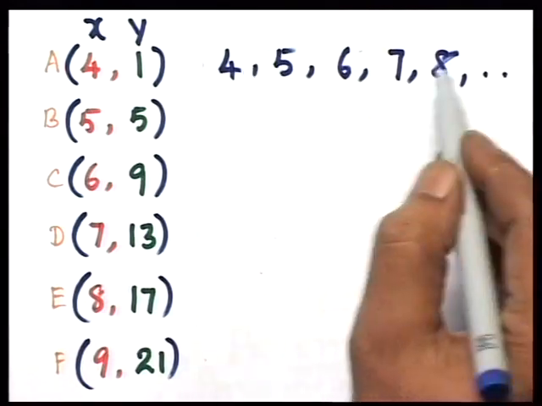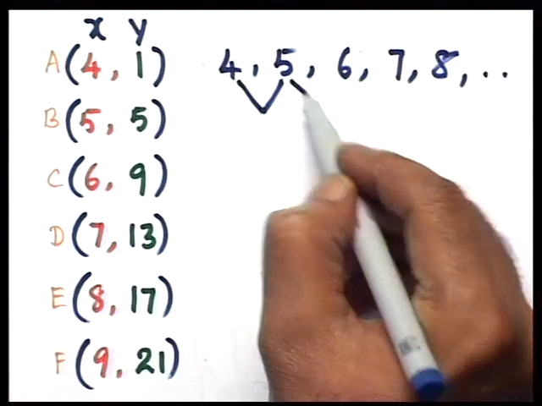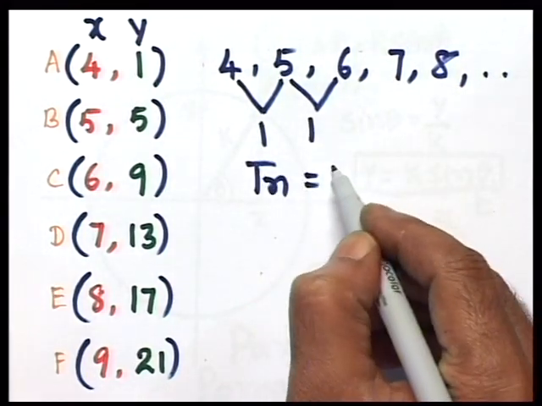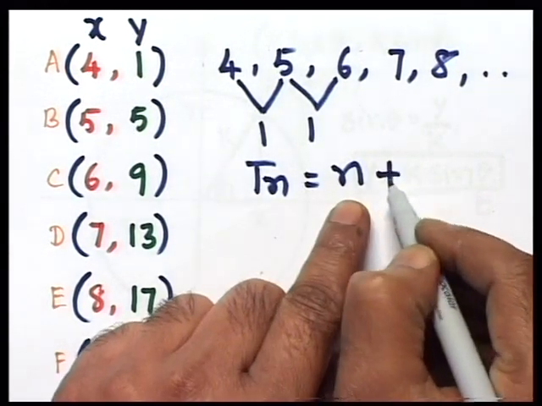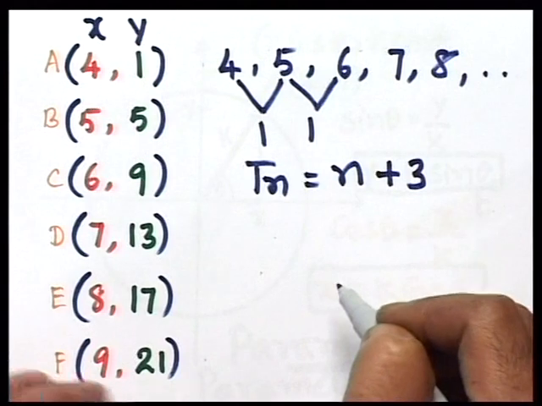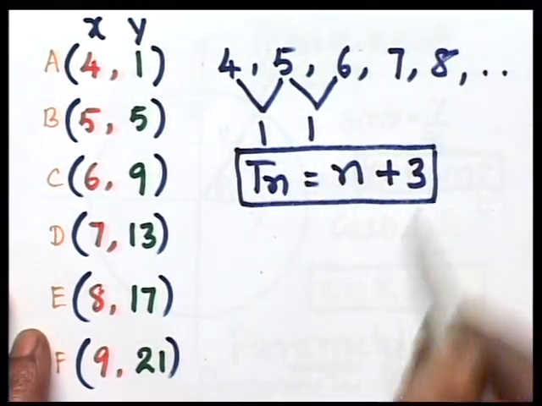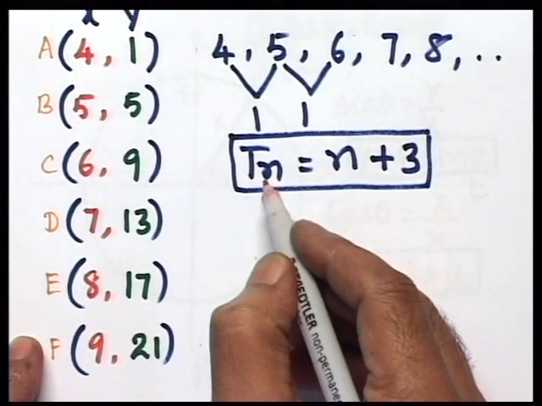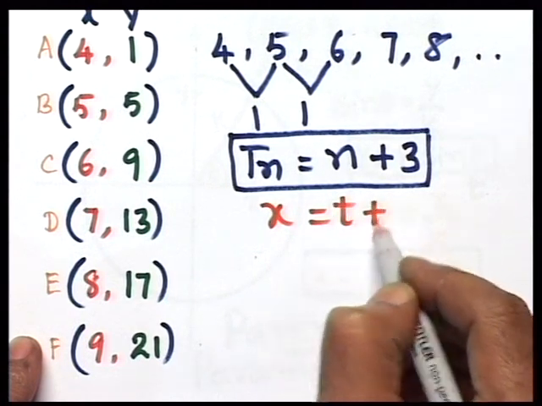Using these x coordinates, let's find the nth term. The difference is 1, so we know Tn equals n plus something. If n is 1, then that should be 4, isn't it? So we got an nth term for the x coordinates. What the textbooks do is say x equals t plus 3.